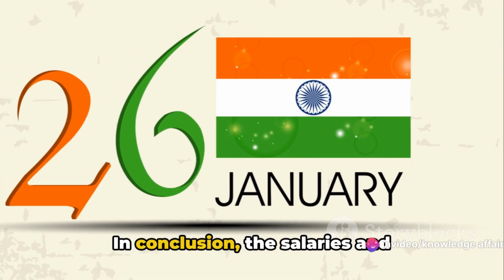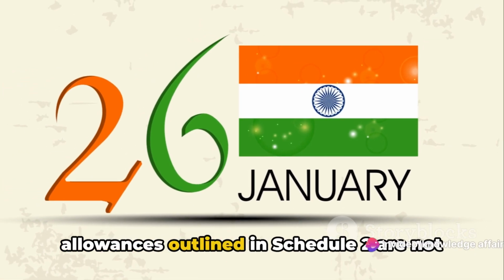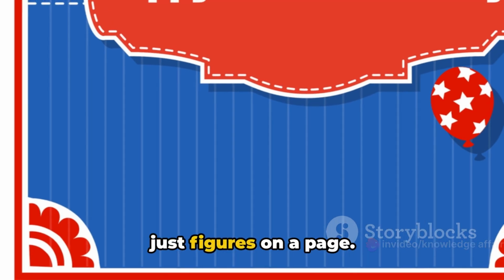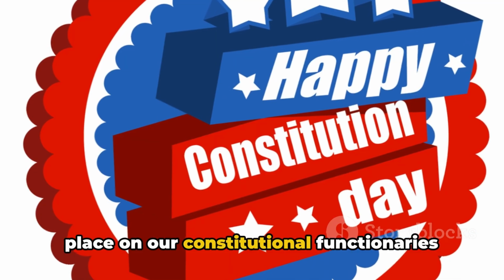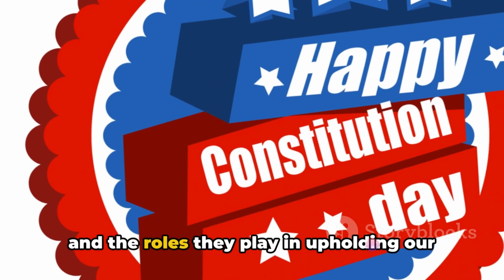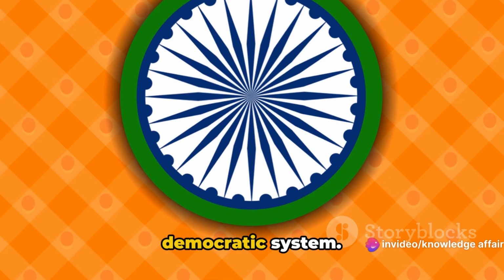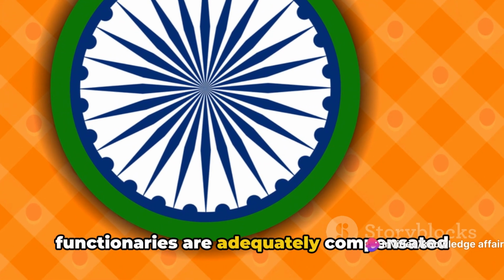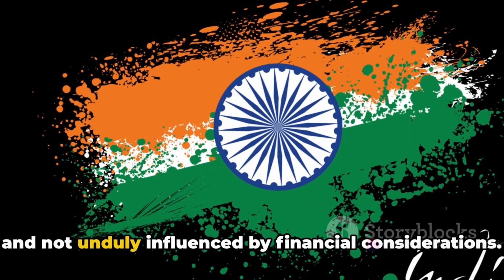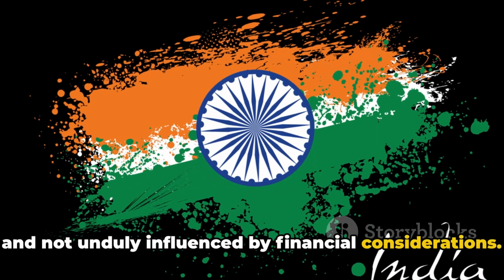In conclusion, the salaries and allowances outlined in Schedule 2 are not just figures on a page. They are a testament to the value we place on our constitutional functionaries and the roles they play in upholding our democratic system. These provisions ensure that these functionaries are adequately compensated and not unduly influenced by financial considerations.